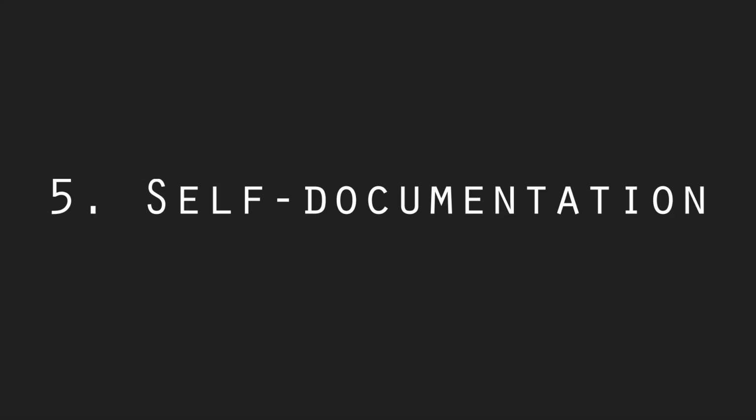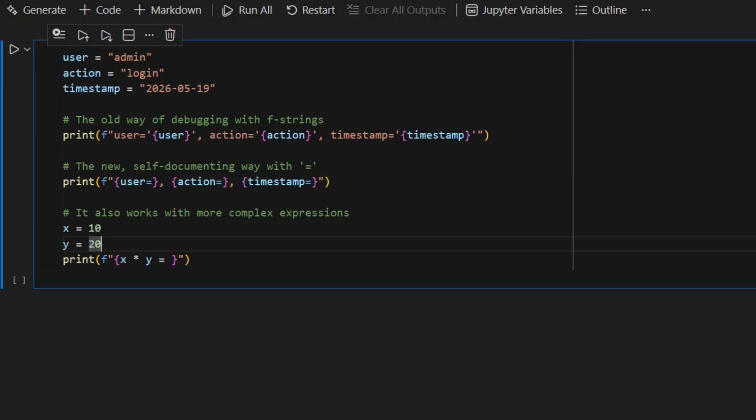Concept number 5, self-documentation. Another concept which was introduced in version 3.12 was self-documentation. Let's say that we have 3 variables, user, action, and timestamp, and we want, for debug purposes, to show the values of these variables. And we want to do it in a way that we can see what variable belongs to what name.